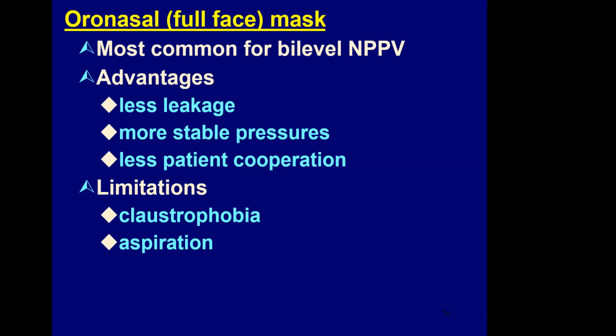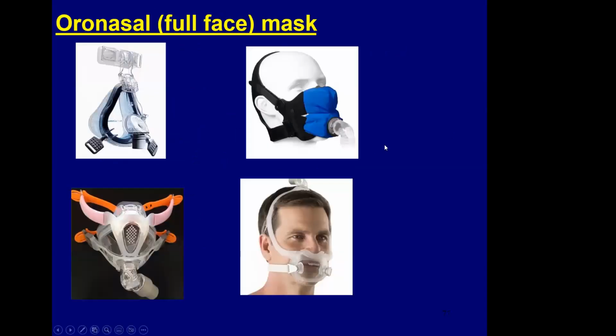And the full face mask requires less patient cooperation than does the nasal interface. The limitations with a full face mask include claustrophobia and the possibility of aspiration. And here are some examples of the full face mask. Again, different brands.